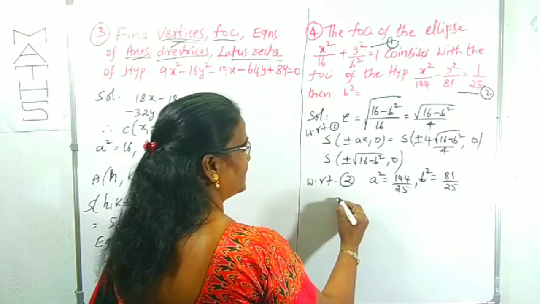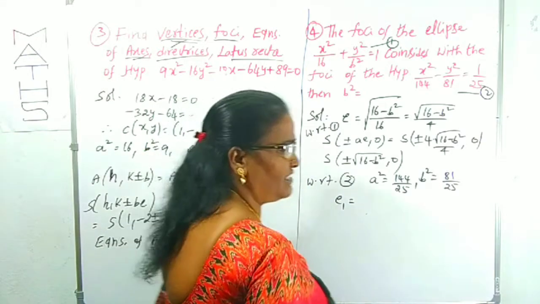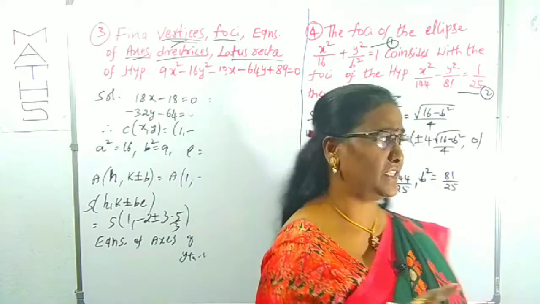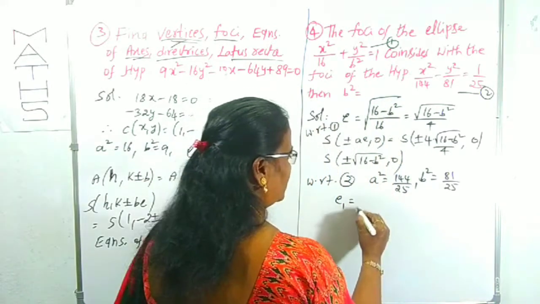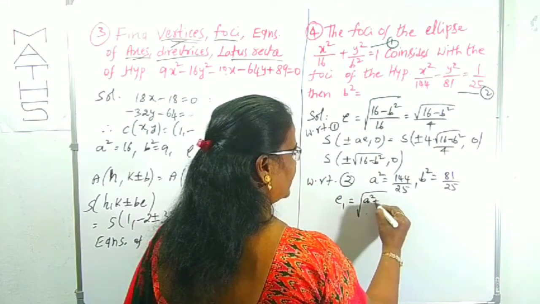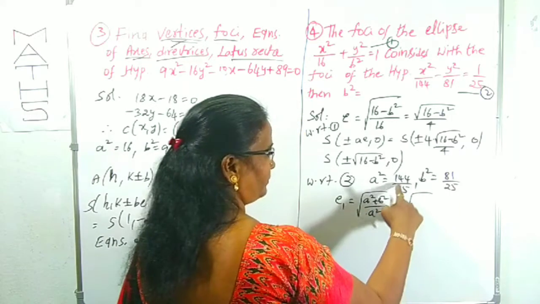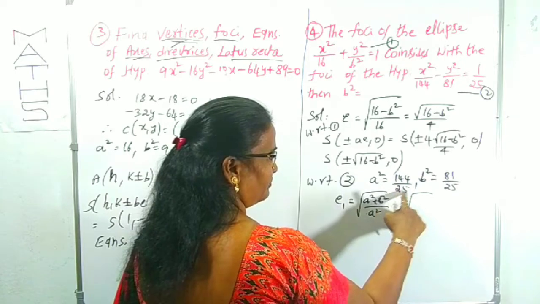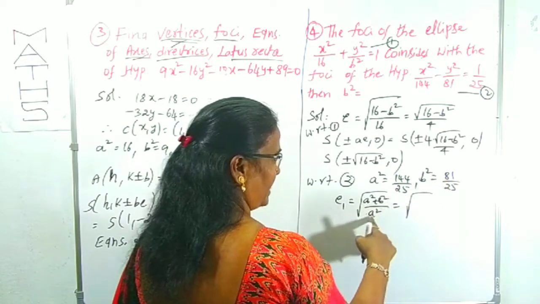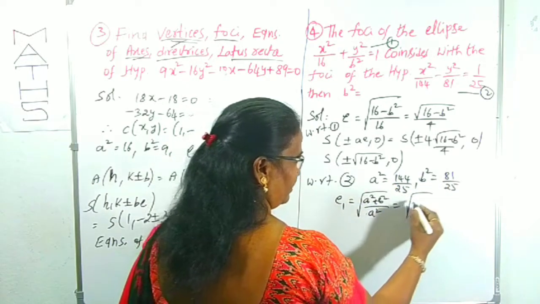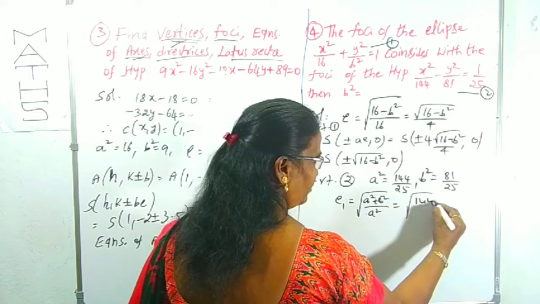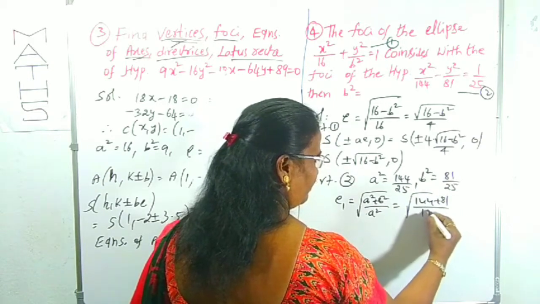We can find out the eccentricity, e, of the hyperbola here. That is root over a square plus b square by a square. It will be root over 144 by 25 plus 81 by 25 by 144 by 25. It becomes 144 plus 81 by 144.